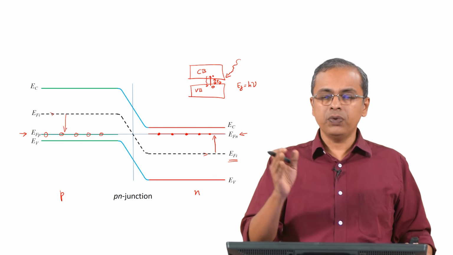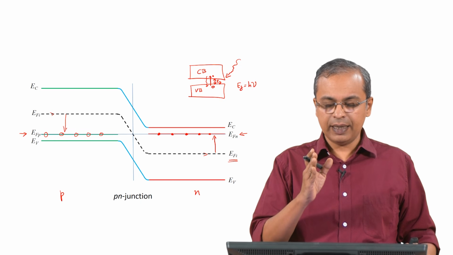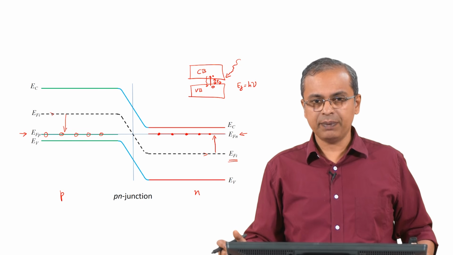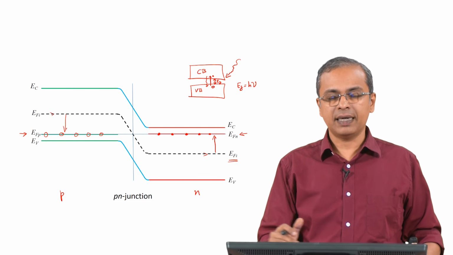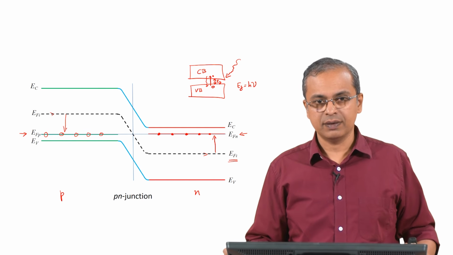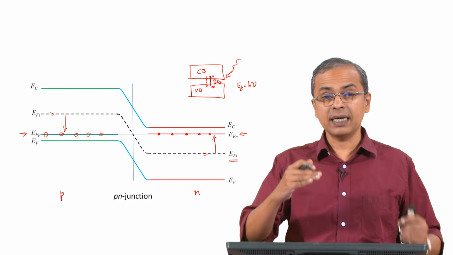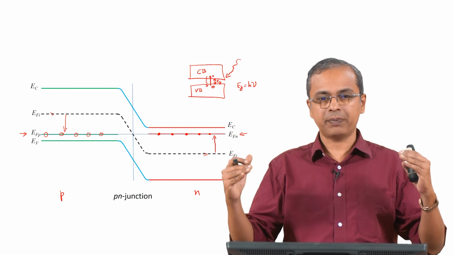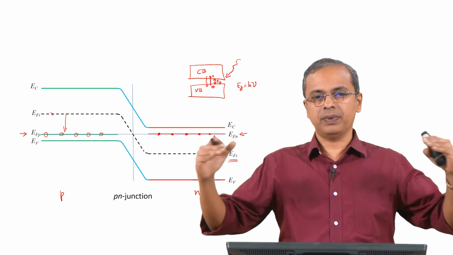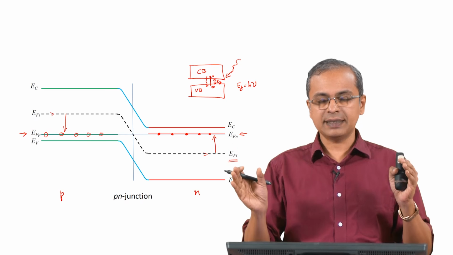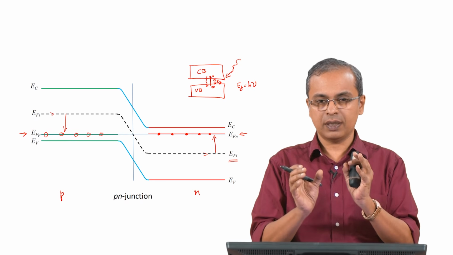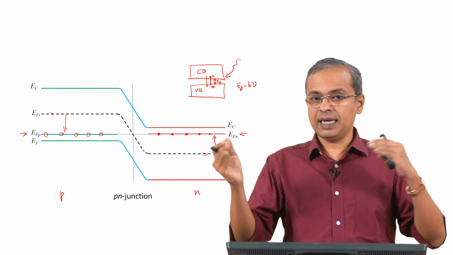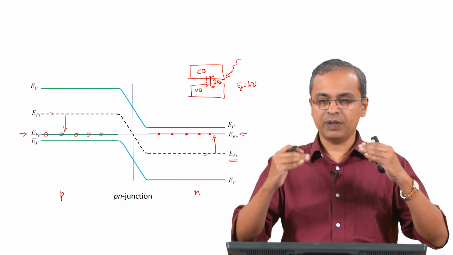And when you connect the two samples, because of requirements for equilibrium, these two energy levels line up with each other. That becomes the defining parameter for that sample, the fact that the Fermi energy now lines up across that sample. You took an n sample and a p sample and joined them together, and the two of them now understand that they are in contact with each other, so the Fermi energies level out.